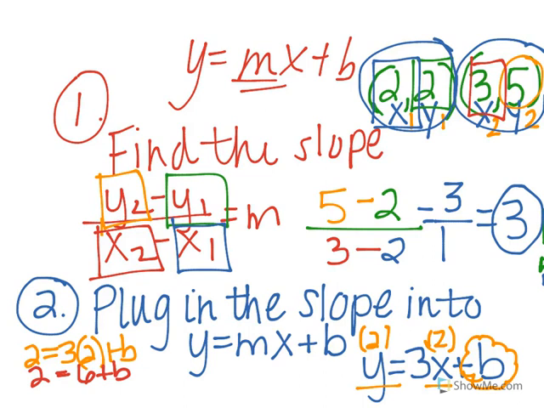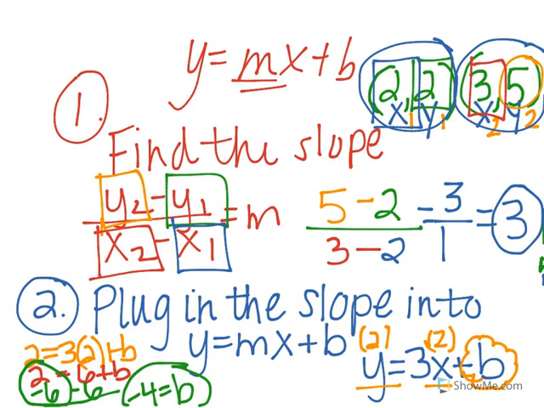To get b by itself, I'm going to subtract 6 and subtract 6. Then 2 minus 6 is negative 4. So b equals negative 4.